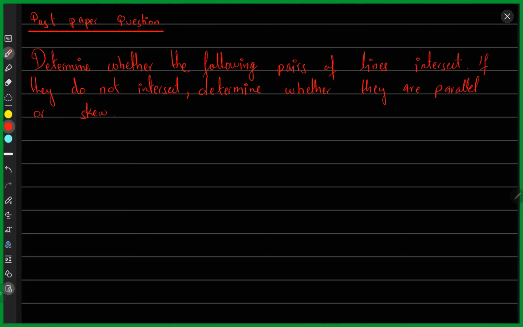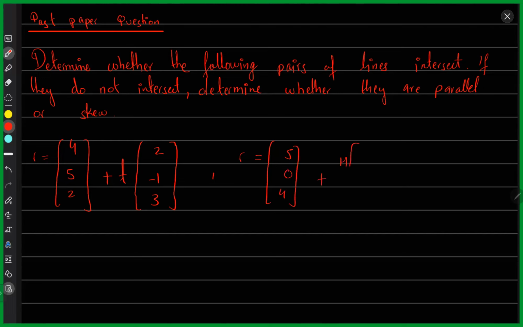And the pair is r equals (4, 5, 2) plus t times (2, -1, 3), and r equals (5, 0, 4) plus mu times (-4, 2, 6).